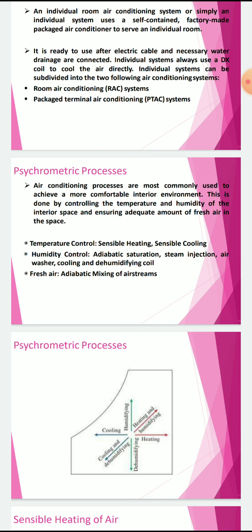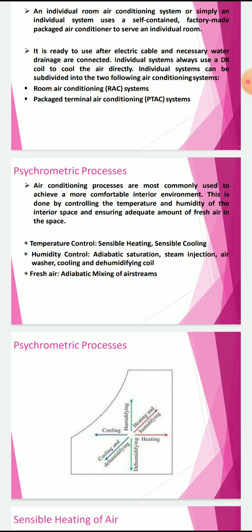Humidity control can be done with the help of adiabatic saturation. Adiabatic saturation is like an artificial method. Artificially, we are increasing the humidity content in the air.